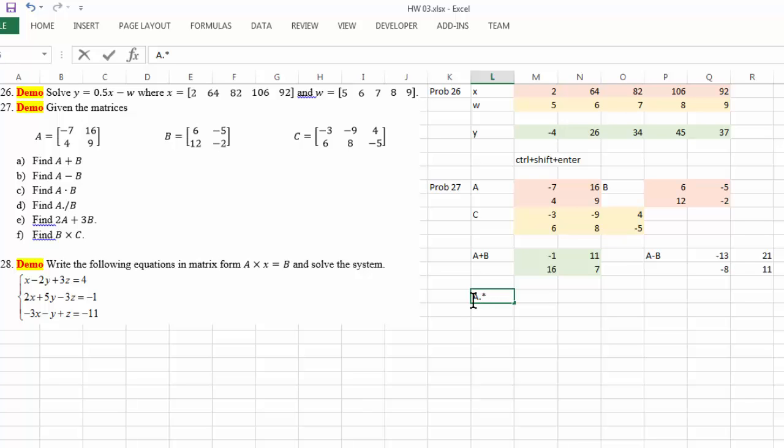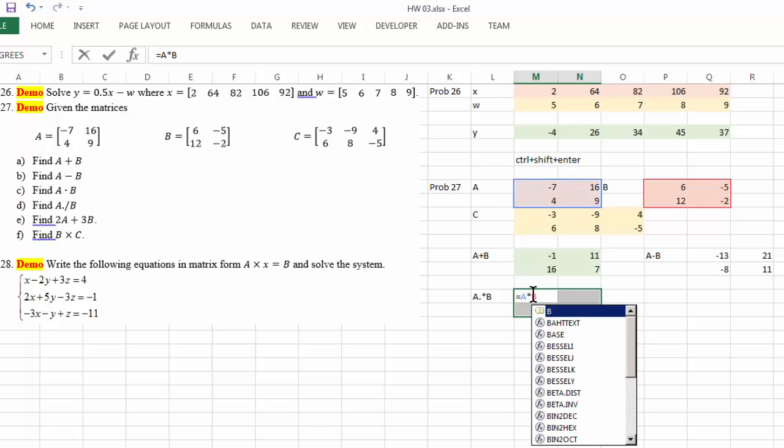Okay. The dot product, I'm going to use this symbol, dot multiplied by B equals, remember that would simply be the multiplication of each element of these 2 matrices A and B. So that equals A simply times B. We have a special operator in Excel for matrix multiplication. So if you simply type in the multiplication symbol that we're so familiar with, that is a scalar multiplication.